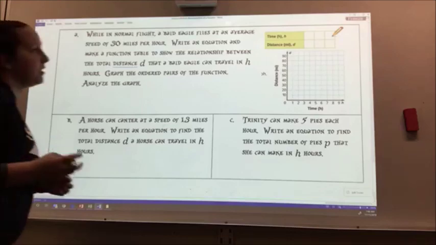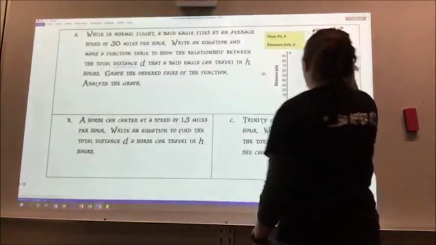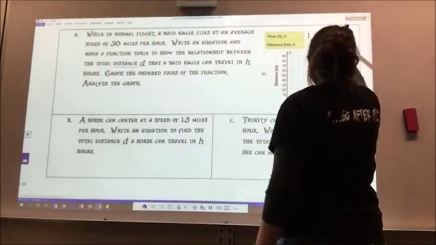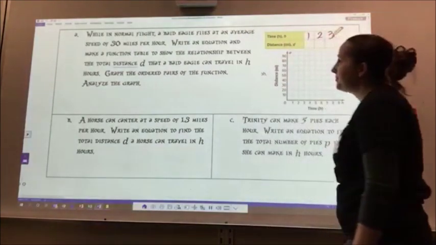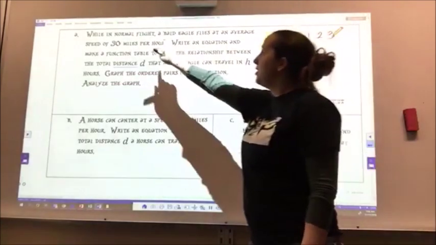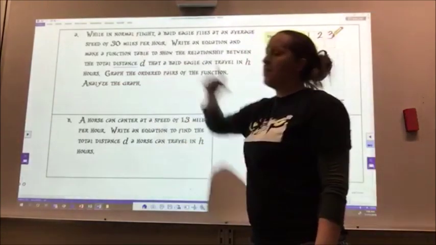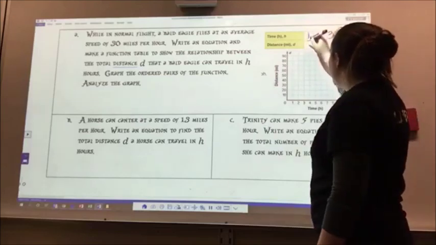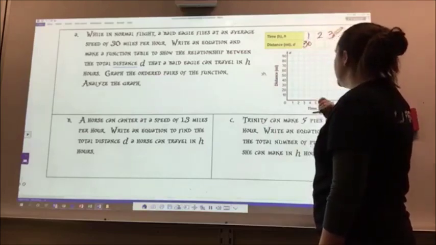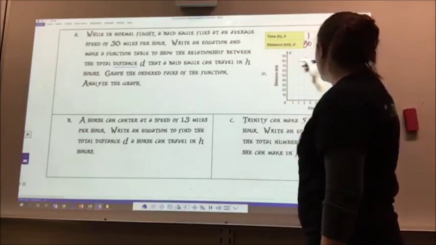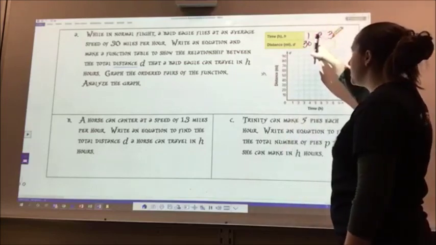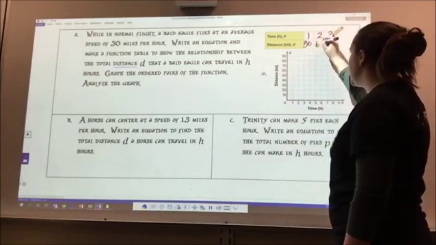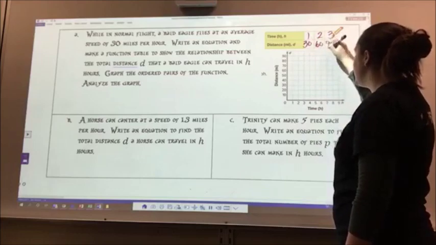I'm going to go ahead and pick 1, 2, 3 for my times, because it told me the bald eagle flies 30 miles per 1 hour. So 1, my time, is going to equal 30, my distance. If I do another chart, 2 times 30 equals 60, and 3 times 30 equals 90.